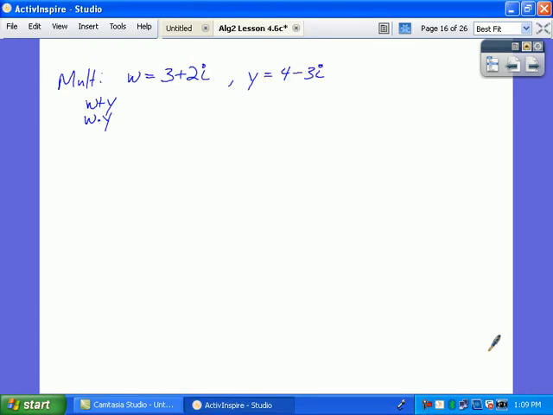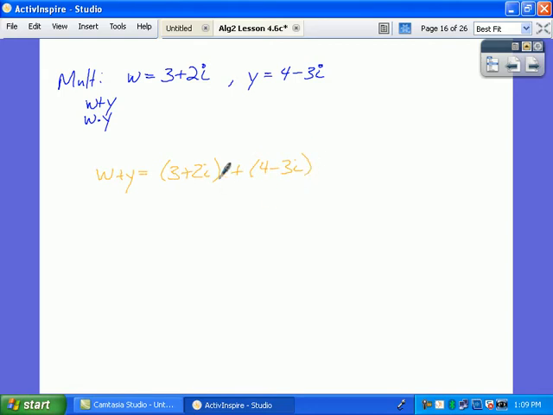All right, so looking at these two problems, we want to know what is w plus y. So to add complex numbers, we simply add the real number parts, so in this case, 3 and the 4. And then we add the imaginary number parts, the 2i and the minus 3i. So we can rewrite this as 3 plus 2i plus 4 minus 3i.